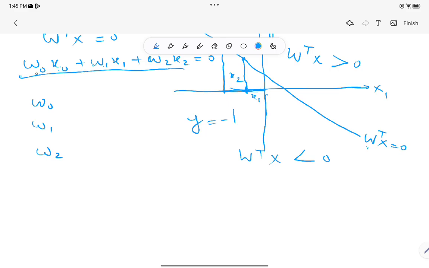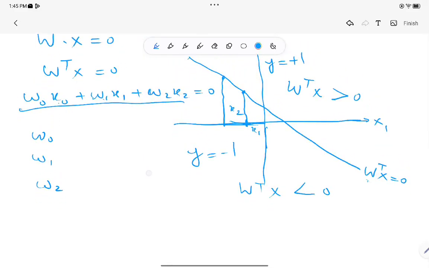Knowing these numbers means we know this equation. After knowing this equation, we can draw a graph. So machine learning means knowing these weights, which weights can give us the correct hyperplane.